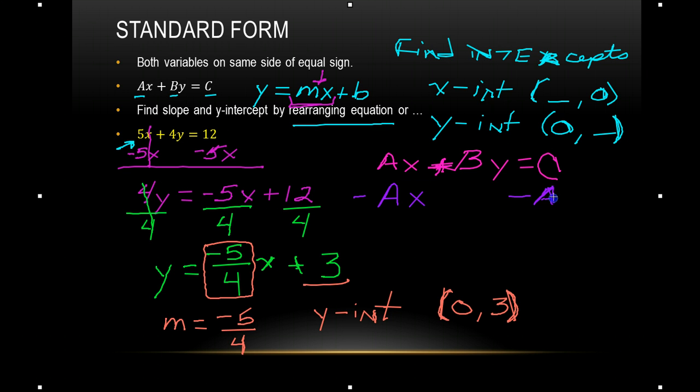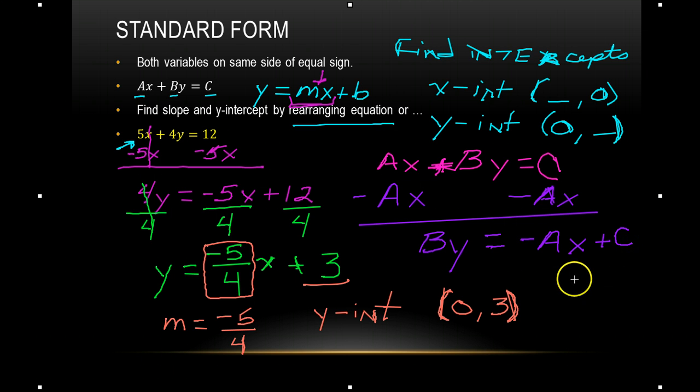So now I have by, and I still can't combine the c and that ax because they're not the same, equals negative ax plus c. And just like we did before, now let's divide. And when you divide, you have to divide every term.